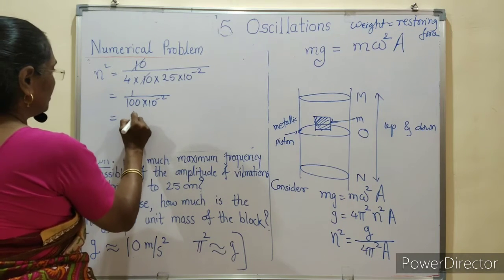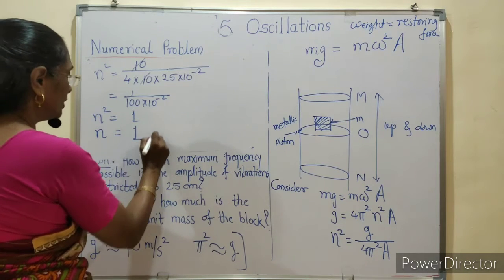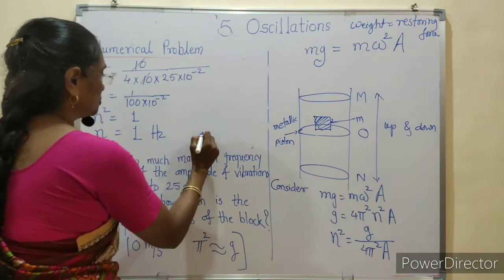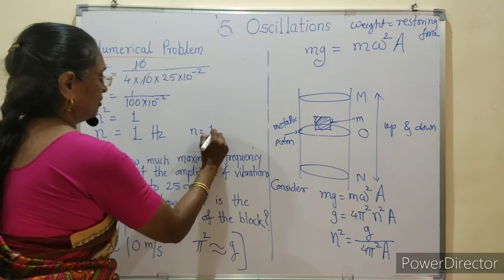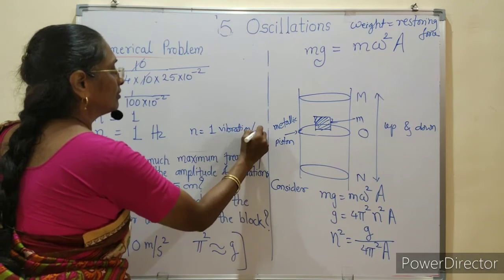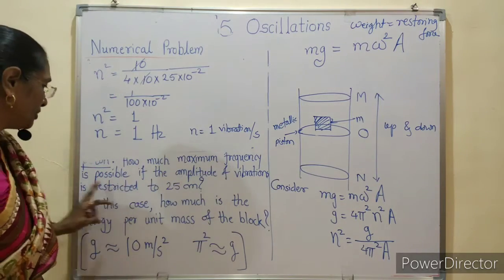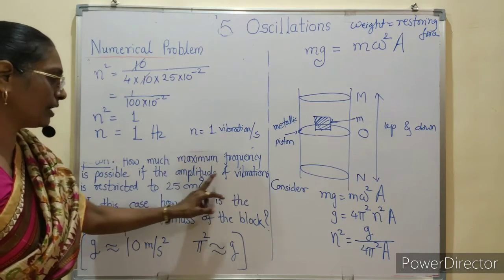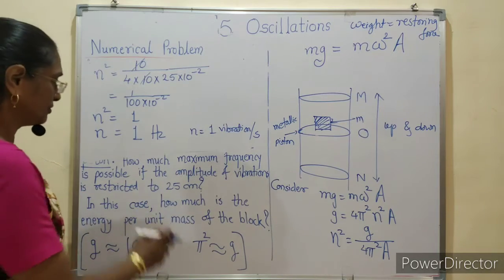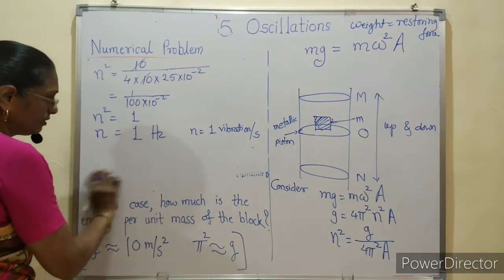So we get here n square is equal to 1. Therefore n is equal to 1 Hz or 1 oscillation per second or 1 vibration per second. This is the frequency. How much maximum frequency is possible if the amplitude of vibration is restricted to 25 cm. So this is the first answer.